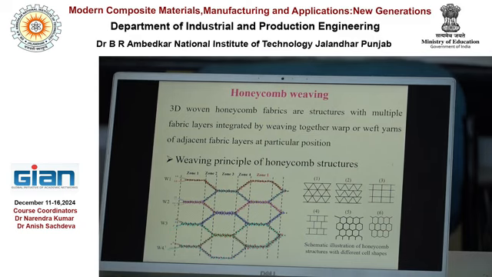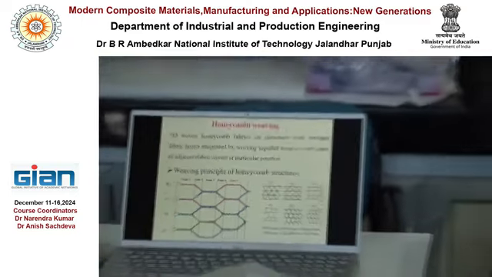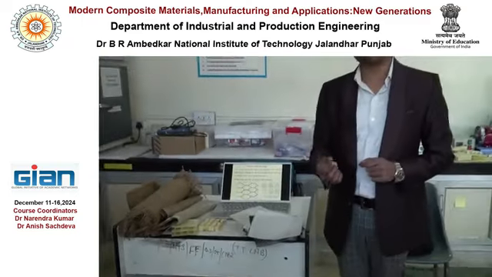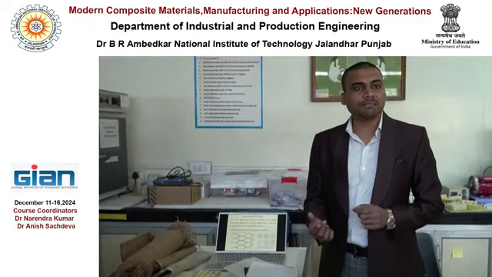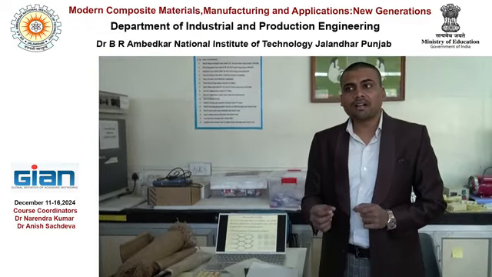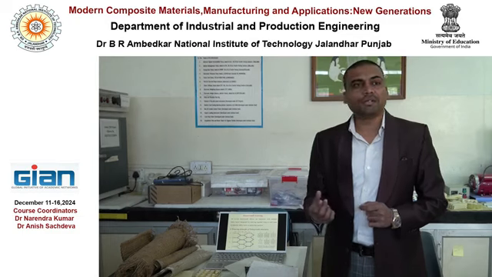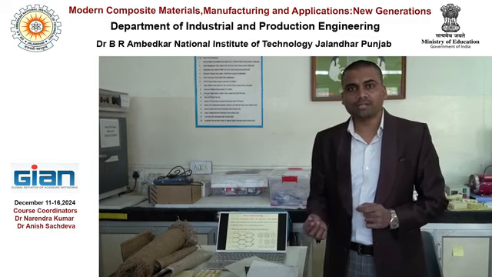And as we discussed yesterday, this preform structure largely governs the mechanical performance of the composite material. At the same time, it decides the life of this composite material also.